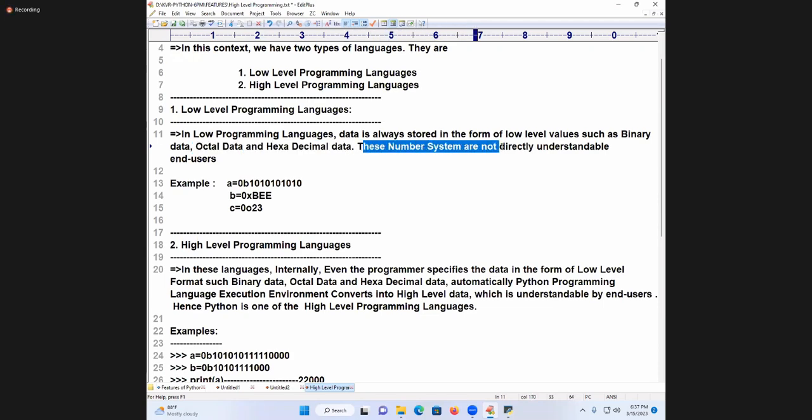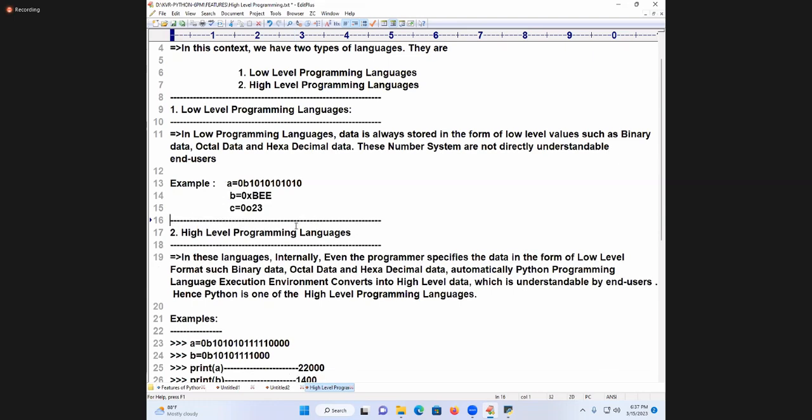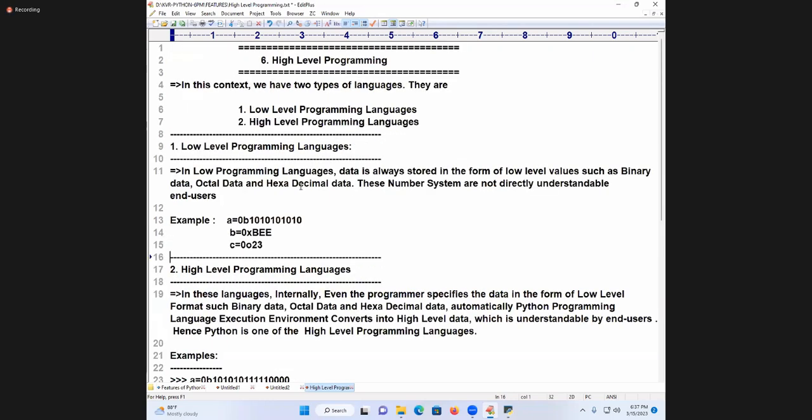These number systems are not directly understandable by end users. Will the end user understand these values? No. Such number system values are automatically converted into high level. Who will do this conversion? Python.